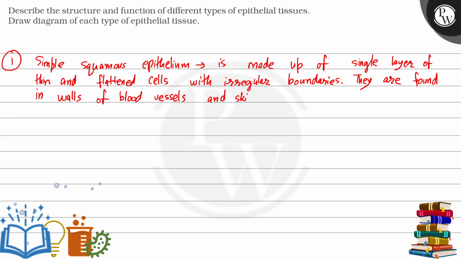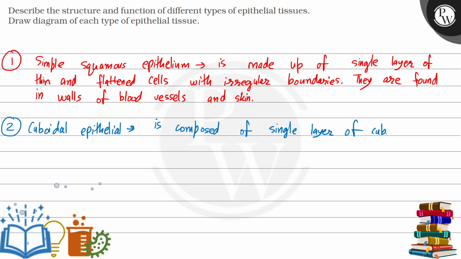The second we have cuboidal epithelial. Cuboidal epithelial is composed of single layer of cube-like cells.